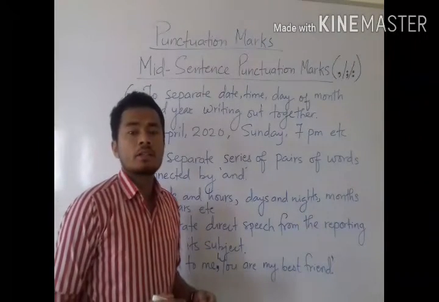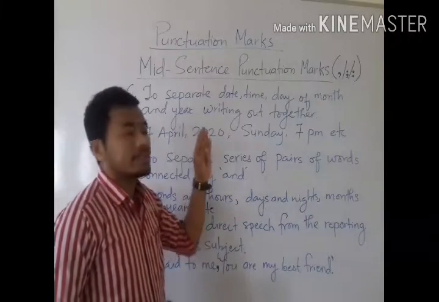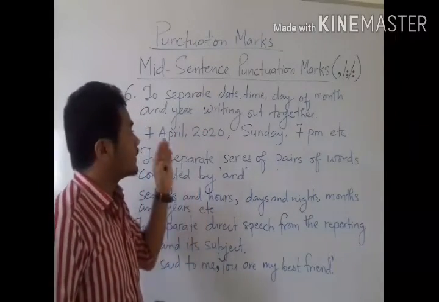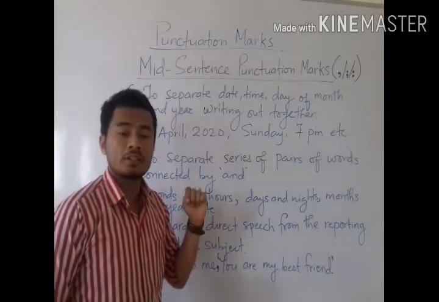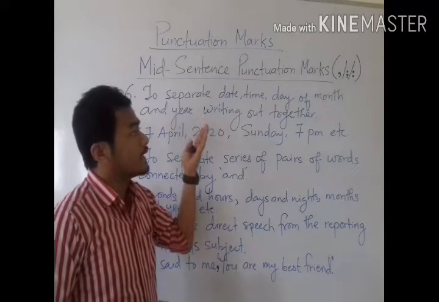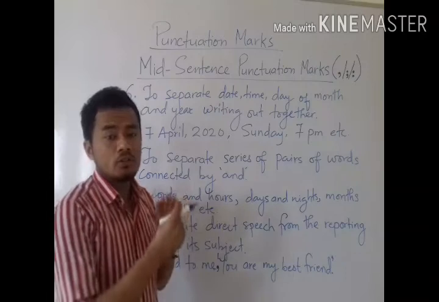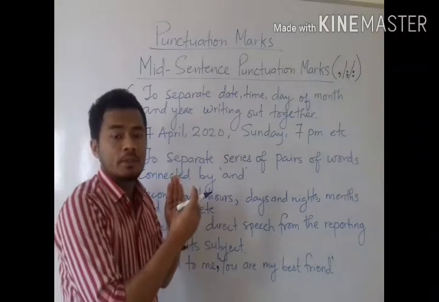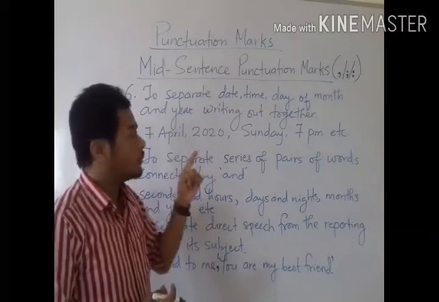Now another condition to use comma in sentences is to separate day, time, day of month and year. When we put this series of words that gives us the concept and idea of day, time, day of month and year together, then we also separate each concept by using comma.